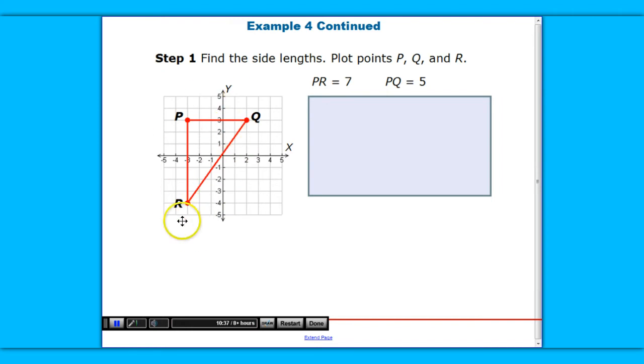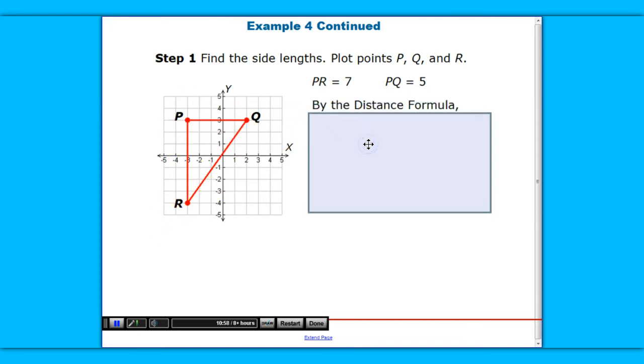So we are able to quickly determine the length of PR, which is 7, and the length of PQ, which is 5. So if we're going to find the length of RQ, how might you do that? Yes, the Pythagorean theorem. We have a right triangle, so we're missing the hypotenuse.